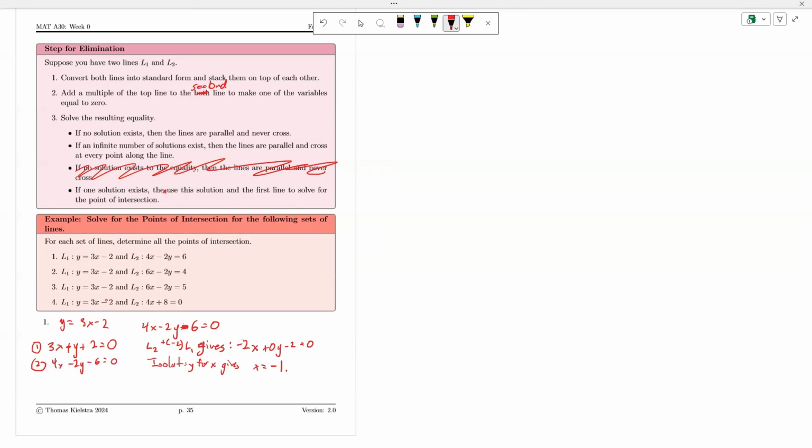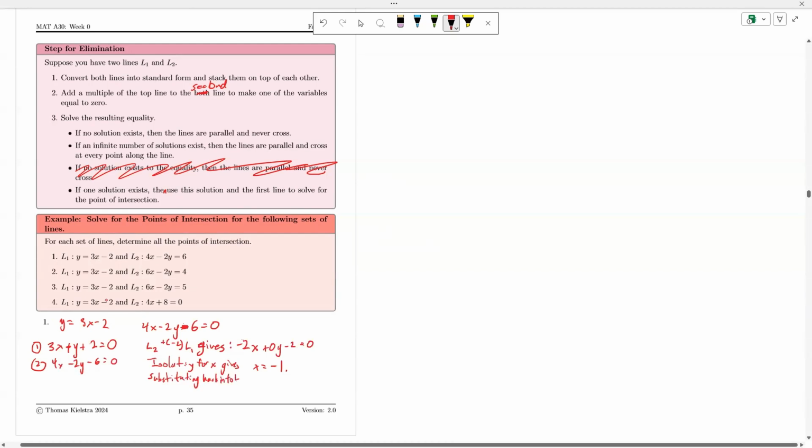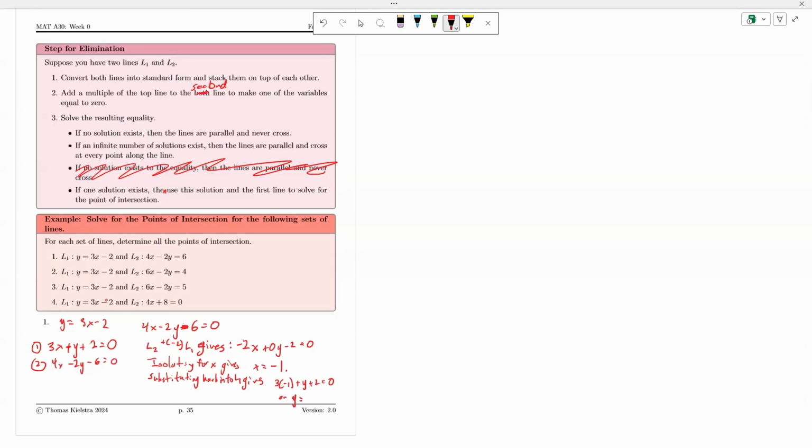Now, substituting this back into L1 gives 3 times minus 1 plus y plus 2 equals 0, or y equals, oh, I just realized I made a minus sign error there.